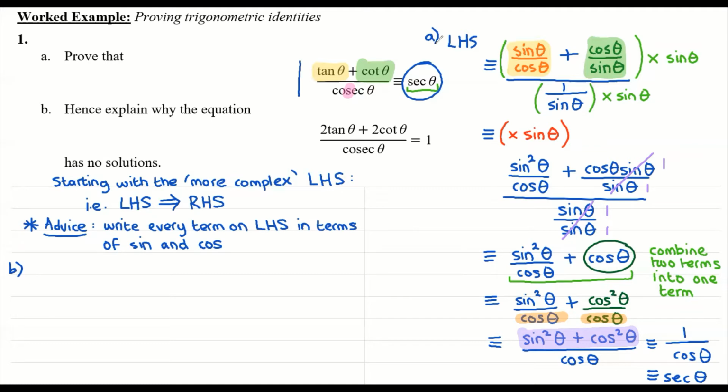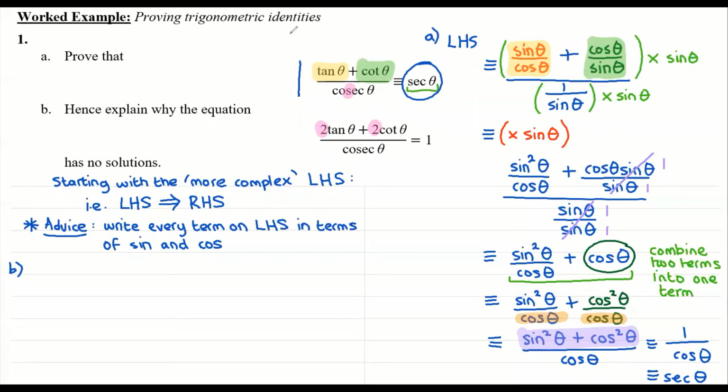And even if the previous result didn't work, you didn't manage to prove the identity, we can still answer this question. Now, notice the subtle difference between this question and the previous question. Okay, it's almost the same, except we've got these two coefficients here, as in two twos. Okay, 2 multiplying the entire numerator.